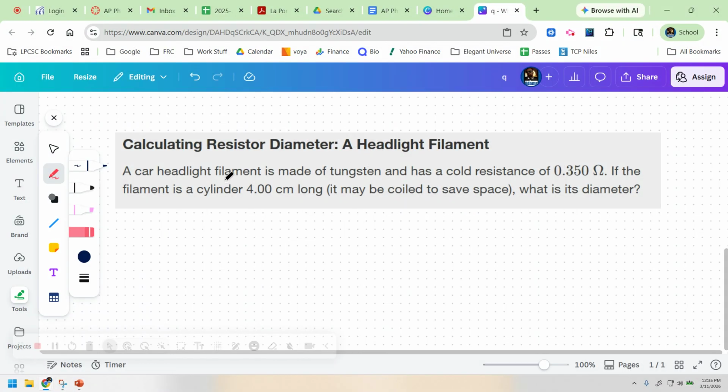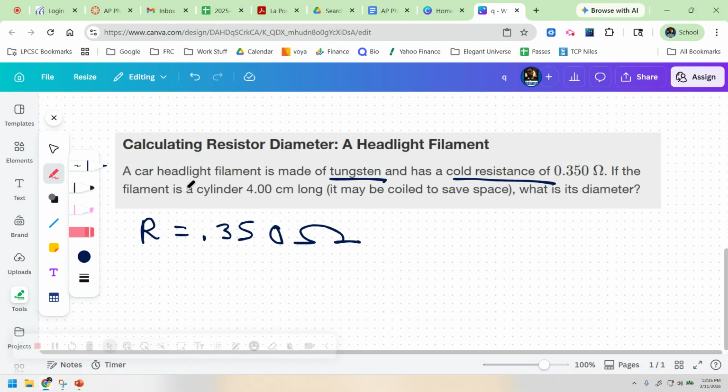Okay. A car headlight filament is made of tungsten, and it has a cold resistance of 0.35 ohms. If the filament, so let's write that down, resistance is equal to 0.35 ohms. I need better software.